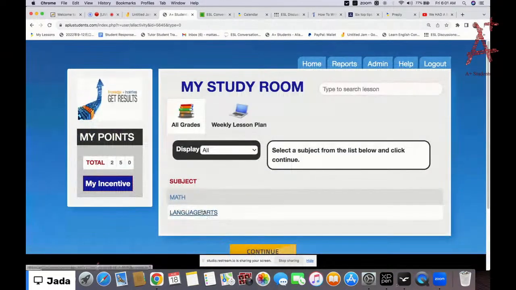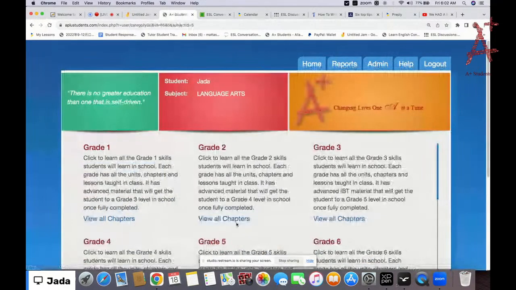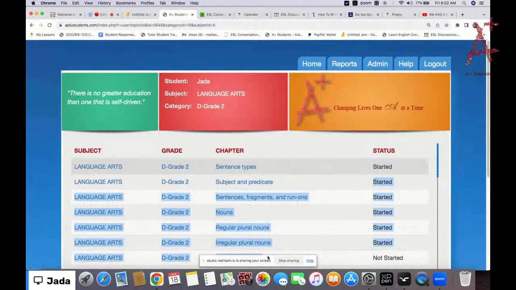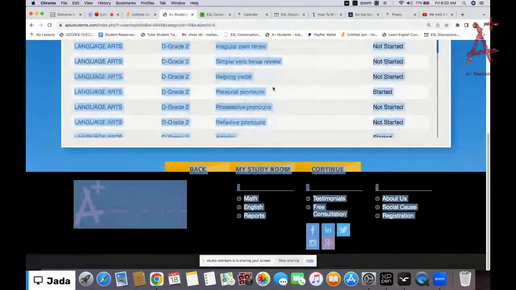After that, we go to grade two, and we look for the chapter we're working on, which is subject and predicates.